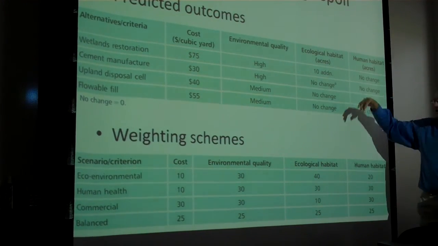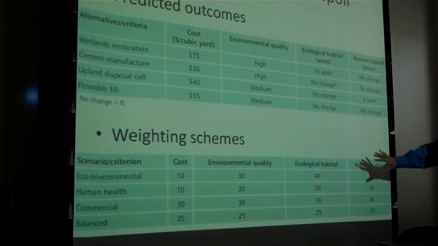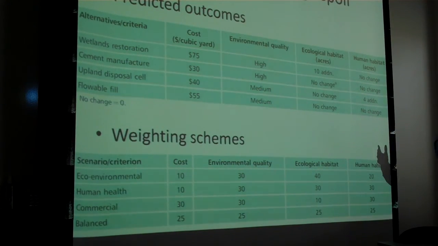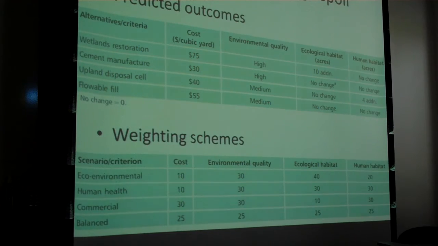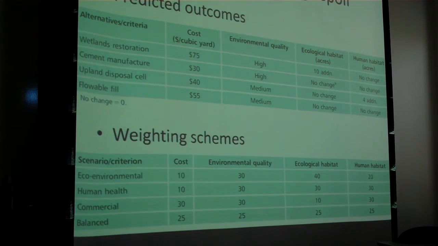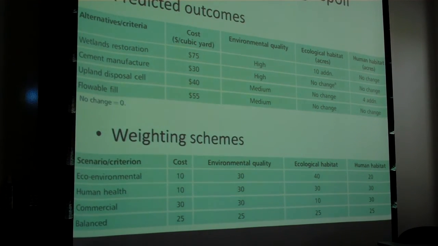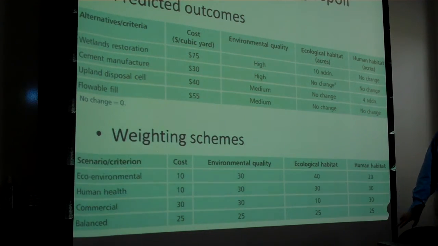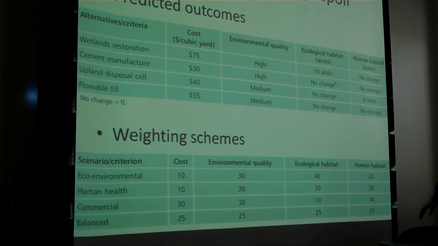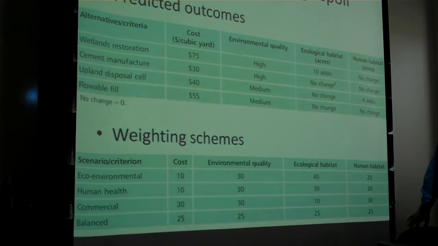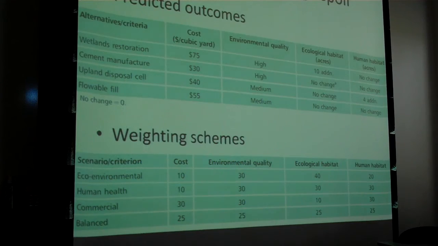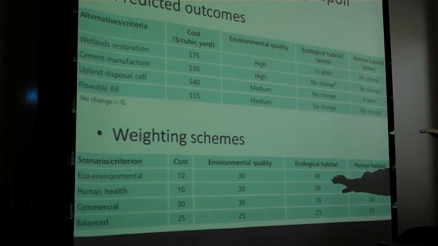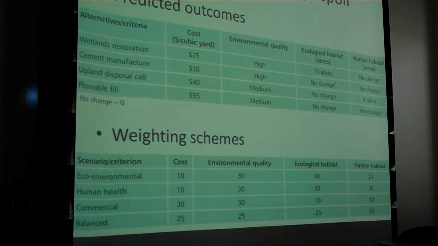Each of them gets scored on this, and in this case you can think of 4 different stakeholder groups and how much weight they would put on these different criteria, right? Because we wouldn't necessarily weight all criteria evenly, although that's what this last scenario looks at. But you can think of an environmentalist who puts a high value on human health, the commercial interest that puts a high value on having a low cost, and so forth.